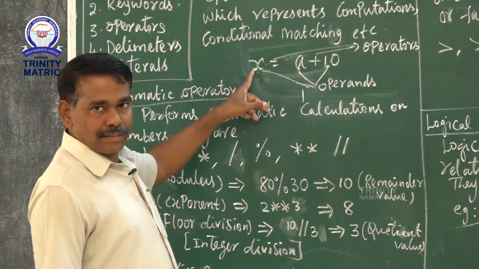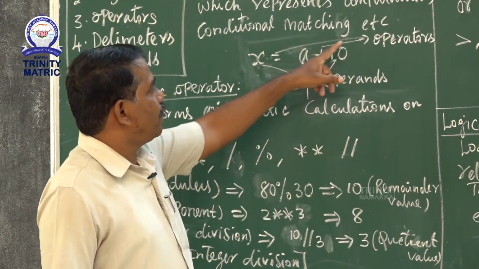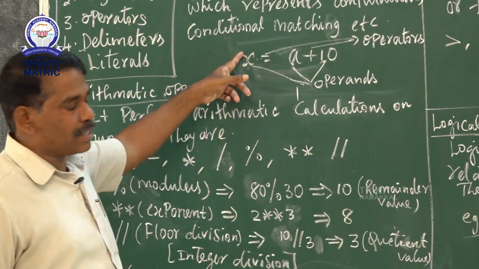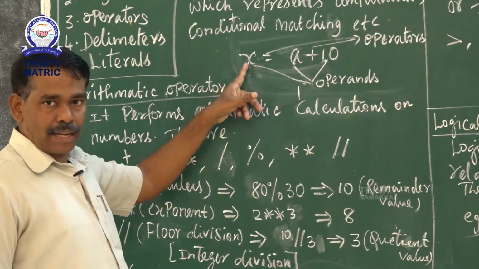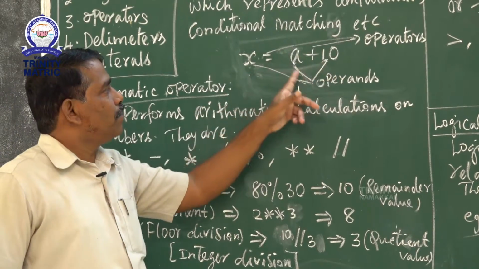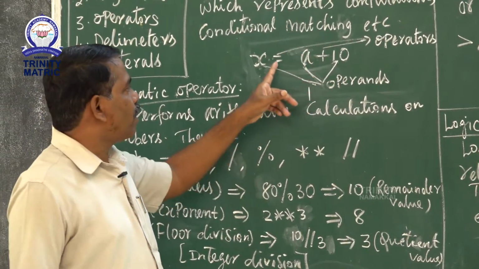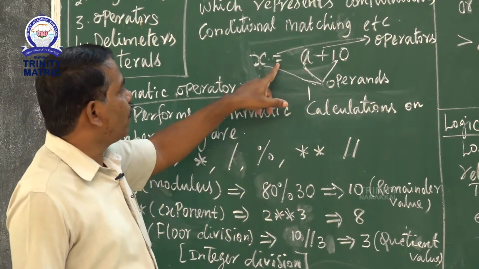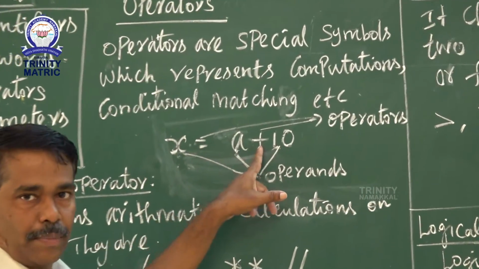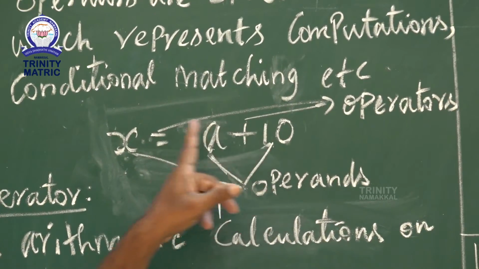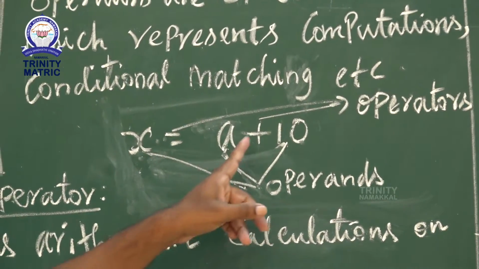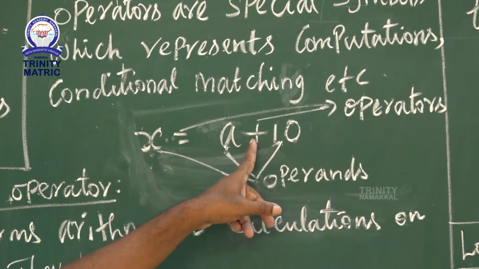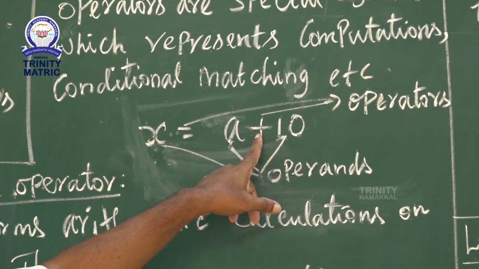Here, the result of a plus 10 is assigned to the variable x. x is an operand, and the result of a plus 10 is also an operand of the operator equal. Equal is an operator, plus is an operator. There are two operators used here. The plus performs an arithmetic operation such as addition.